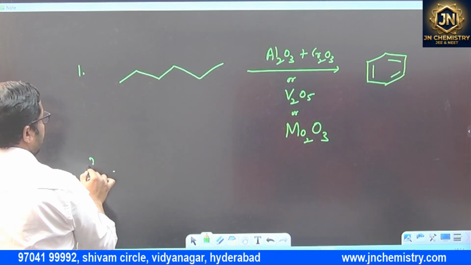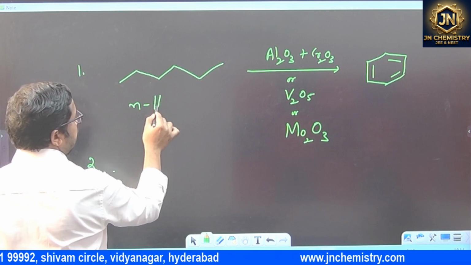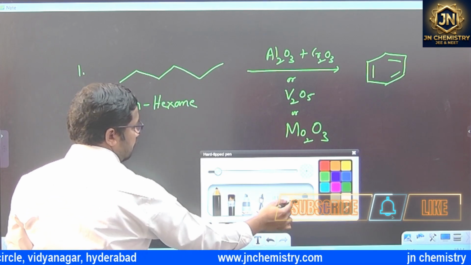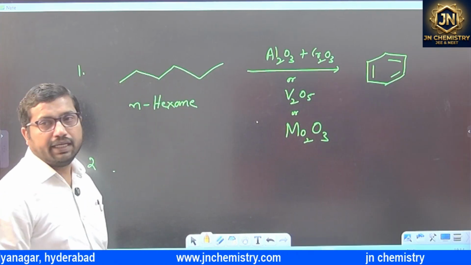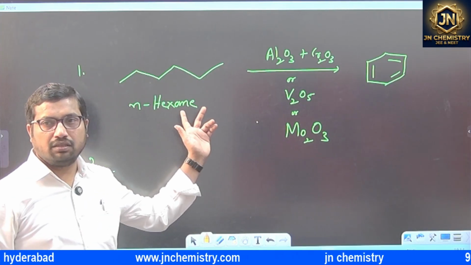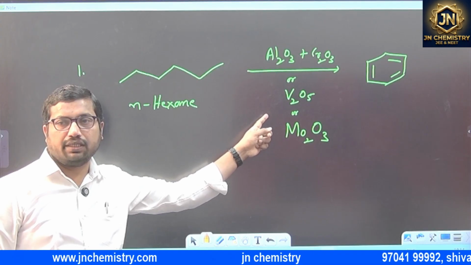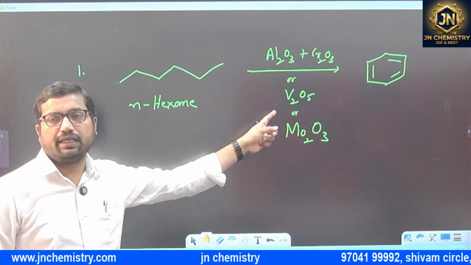If you take n-hexane with Al2O3, Cr2O3 or V2O5 or MoO3, you get benzene.